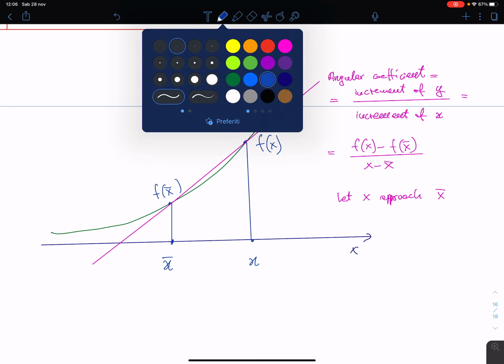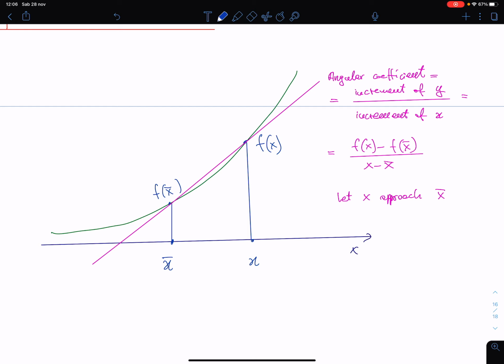If x approaches x bar, then you find that this line becomes more and more adherent to this point of the graph, x bar, f of x bar.